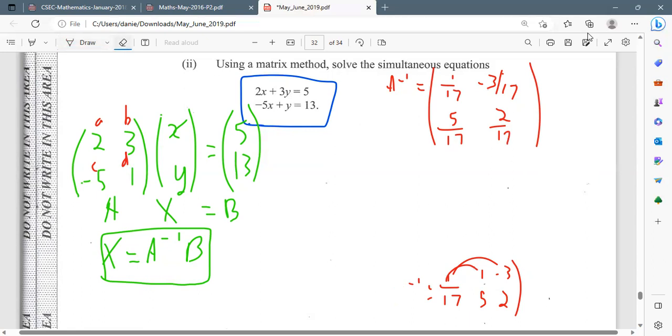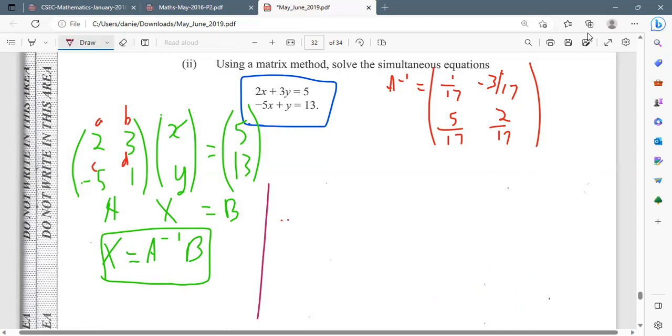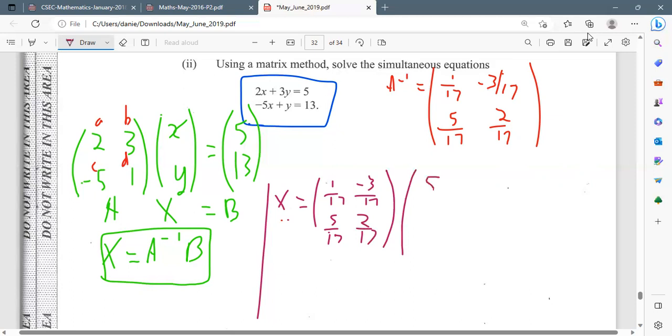Alright, so now all we need to do to get x and y is multiply A inverse by B. So now we have x is equal to A inverse, which is 1 on 17, minus 3 on 17, 5 on 17, and 2 on 17, multiplied by B, which is 5 and 13.